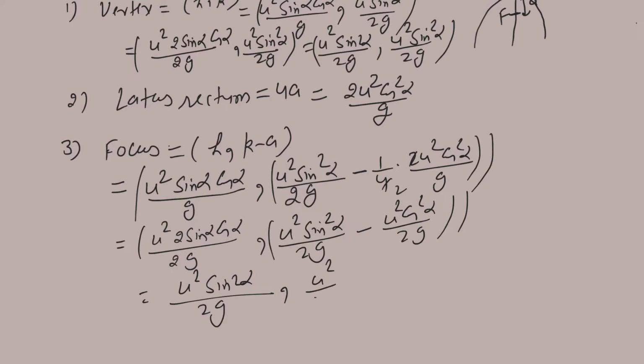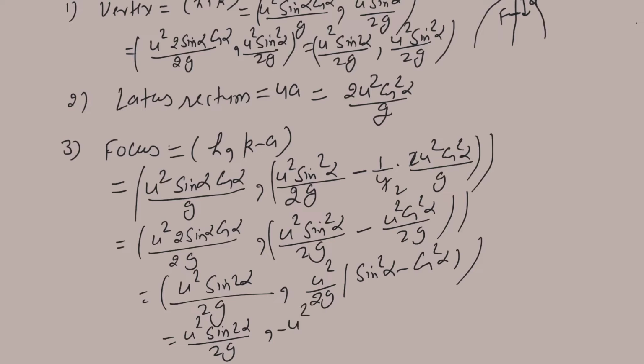This u square by 2g is common, inside is sin square alpha minus cos square alpha, and this is further equal to u square sin 2 alpha by 2g comma minus u square by 2g times cos 2 alpha. So these are the coordinates of the focus.